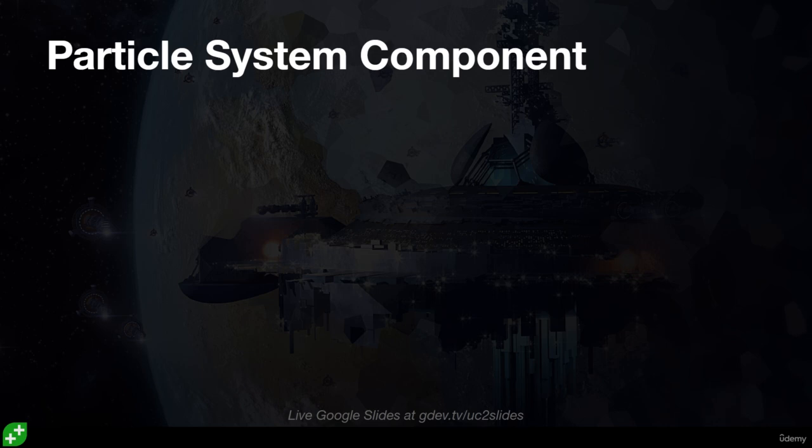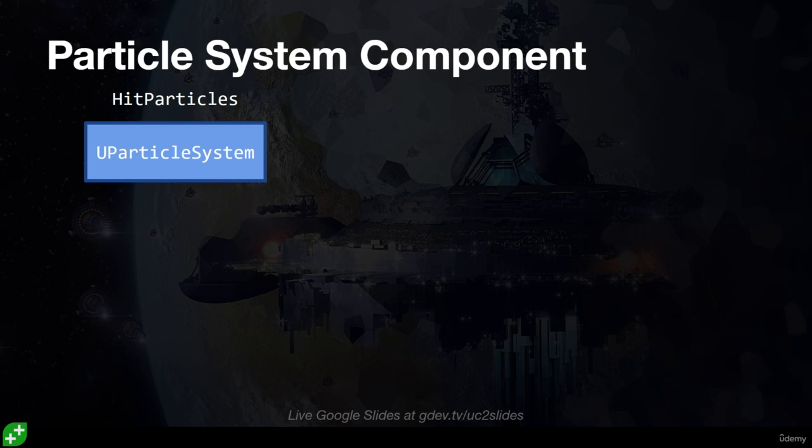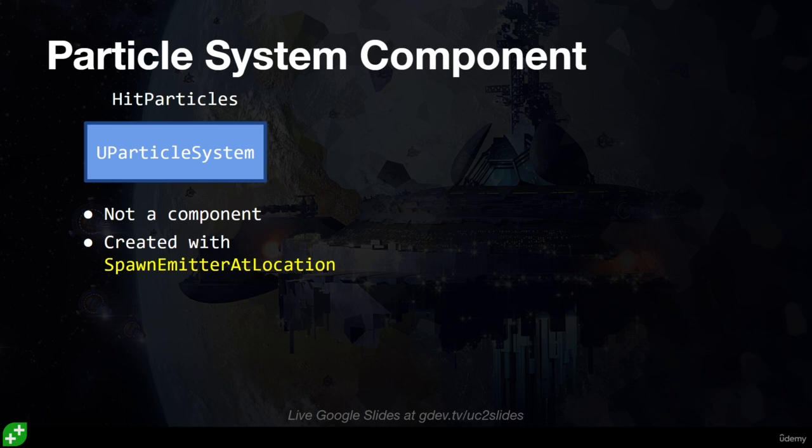So let's talk about how we're going to do this. For this particle system, we're going to add a component to the projectile class. We've already added a variable called hit particles, and its type is UParticleSystem pointer. This is not a component. It's simply a UParticleSystem that we use when we call SpawnEmitterAtLocation, which does the creation for us dynamically at runtime in the OnHit function.